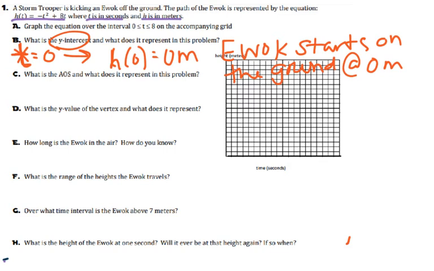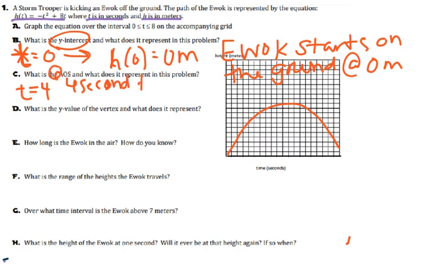Part C says, what is the axis of symmetry? We got that on the page before. That was t equals 4. And what does it represent? So remember, we're talking about a parabola. At 4 seconds, the rocket is at its highest point.